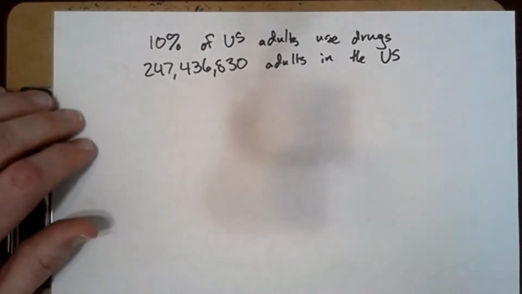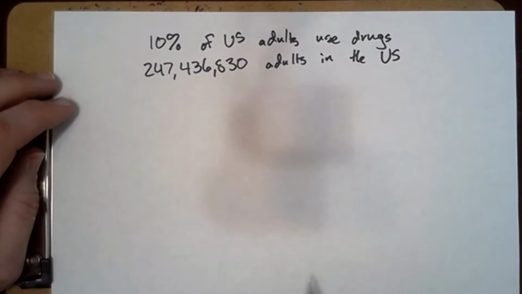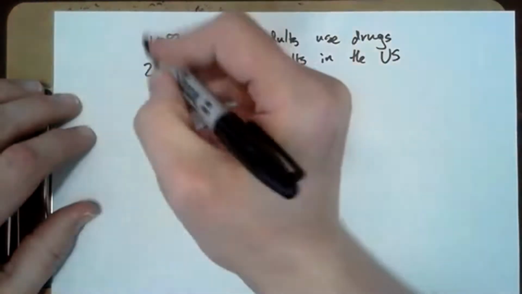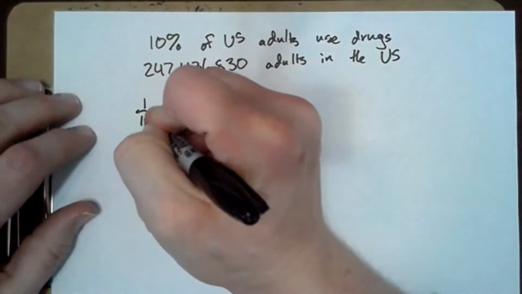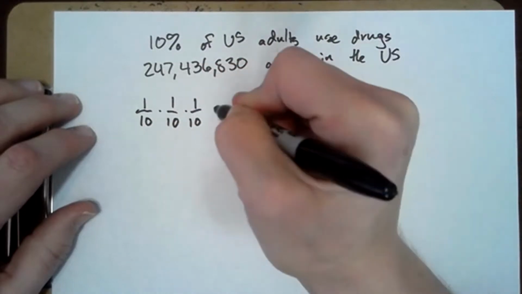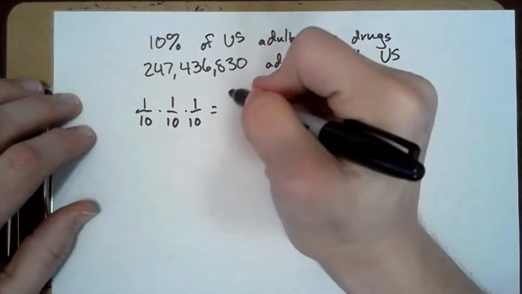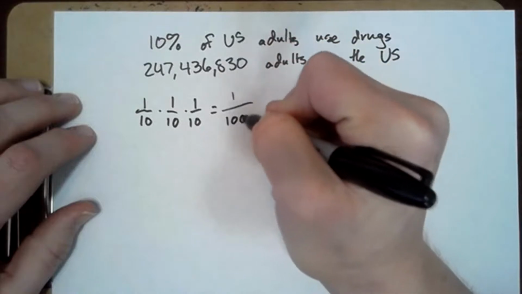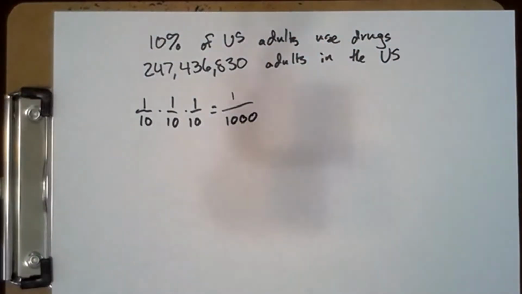So that's just 10% or 1/10 times 1/10 times 1/10, which is 1/1000th. That is the probability that all 3 of these people use drugs.